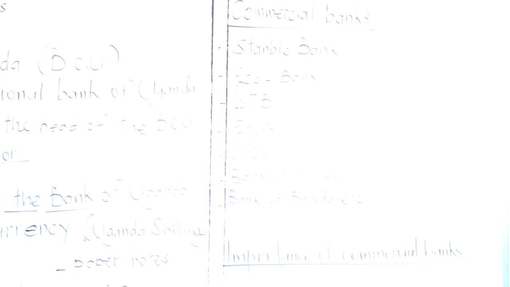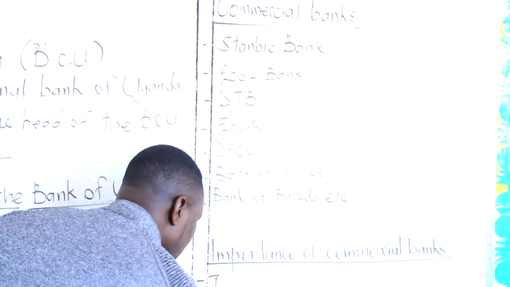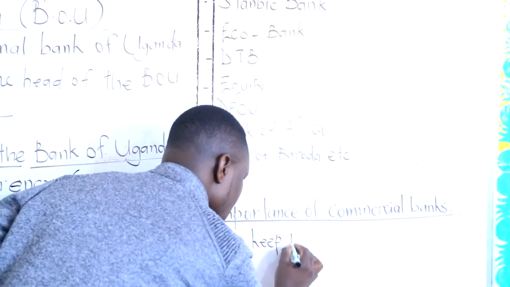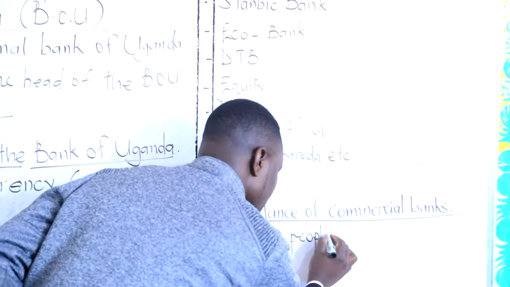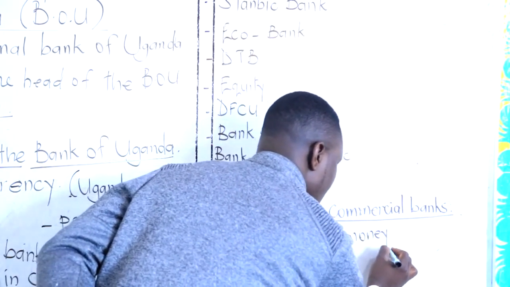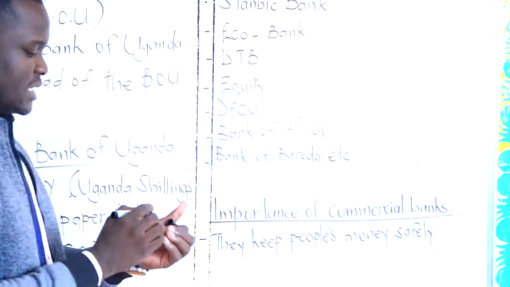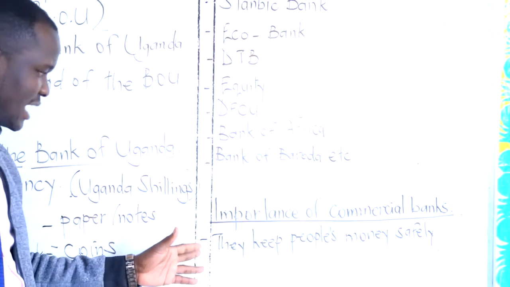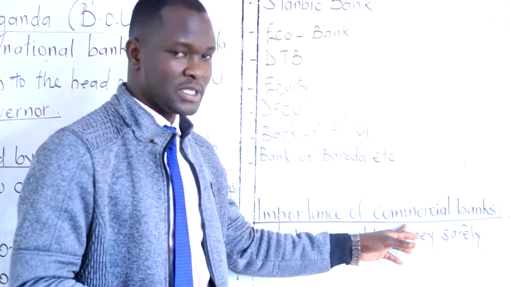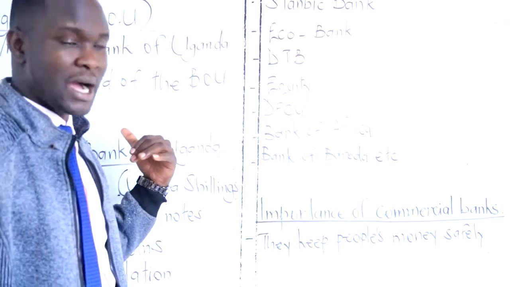When we come to importance, one, these banks help to keep people's money safely. We need to understand that these are the ones that keep people's money, not the central bank, not the Bank of Uganda.